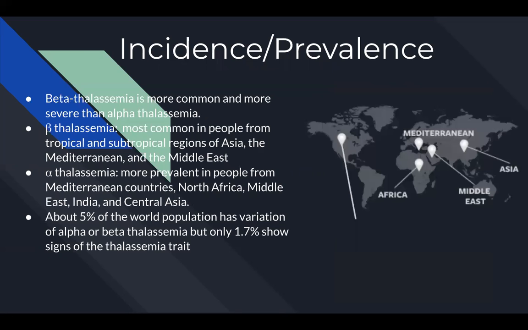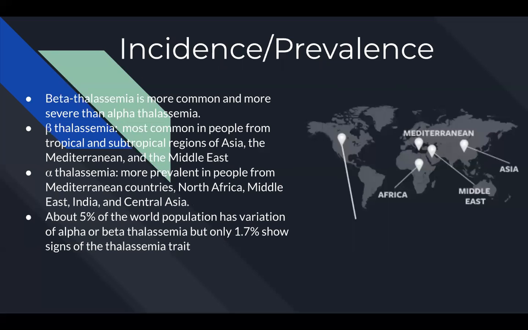Okay, so incidence and prevalence of thalassemia. Beta thalassemia is more common and it is usually more severe than alpha thalassemia. Beta thalassemia is most common in people from tropical and subtropical regions of Asia, the Mediterranean, and the Middle East.